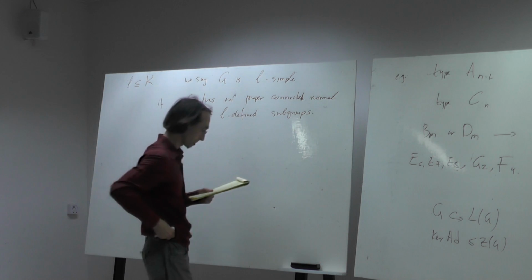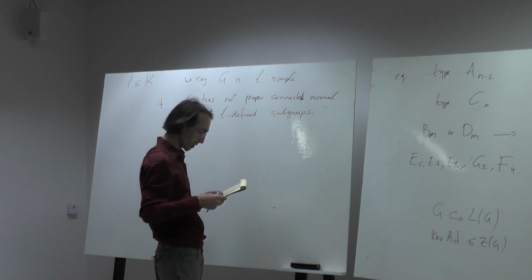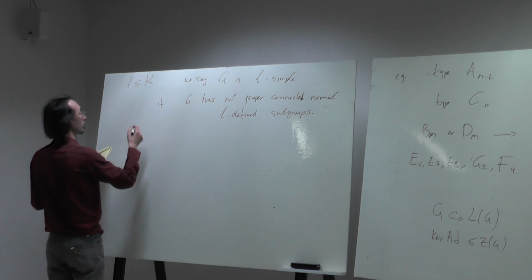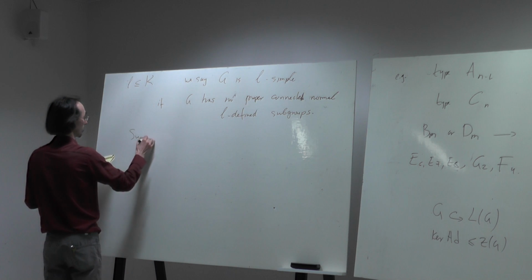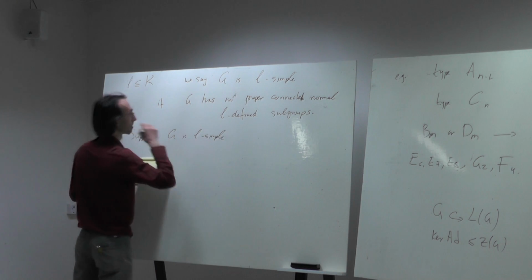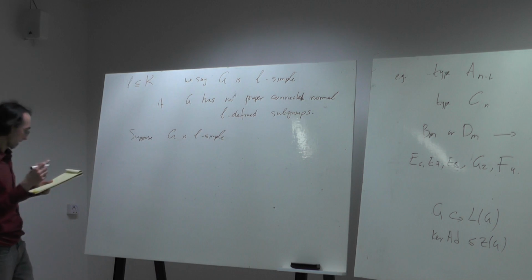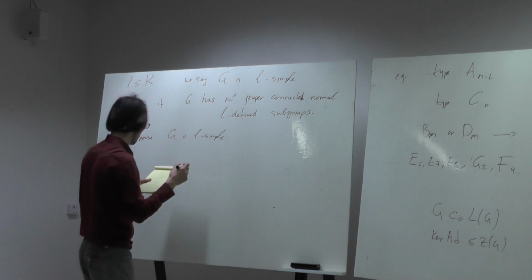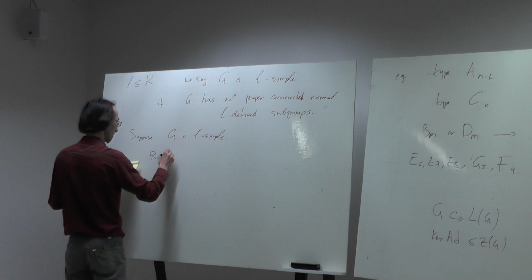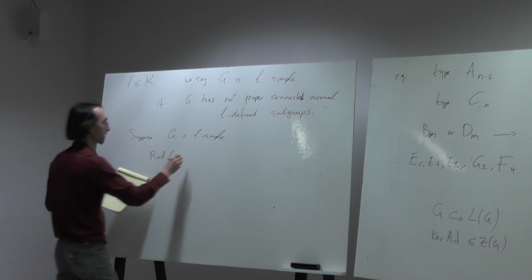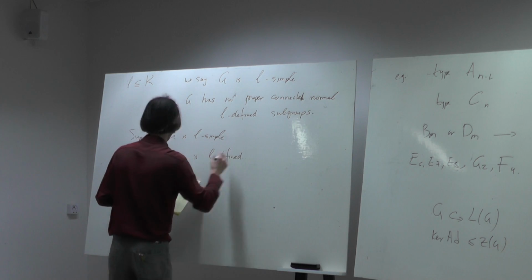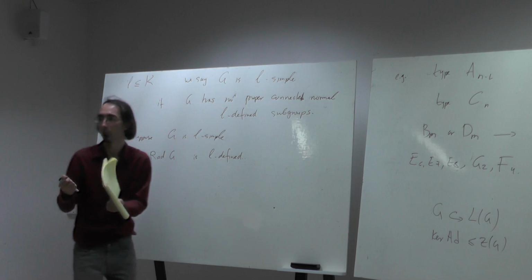Okay. Now, what can we deduce from here? Suppose that G is L-simple. Then the first thing is to deduce that G is semi-simple. This is because the radical of G is L-defined. This is because it's a characteristic subgroup.